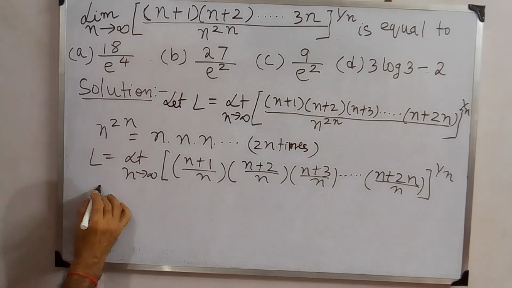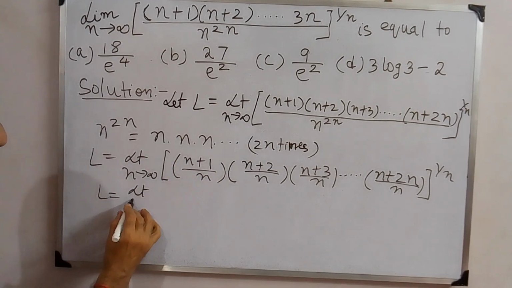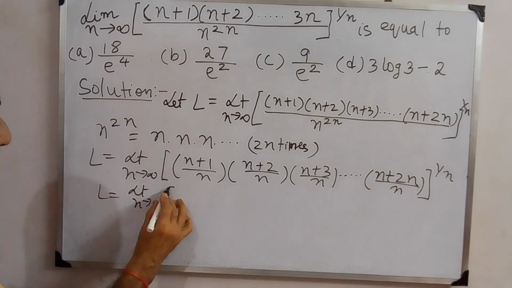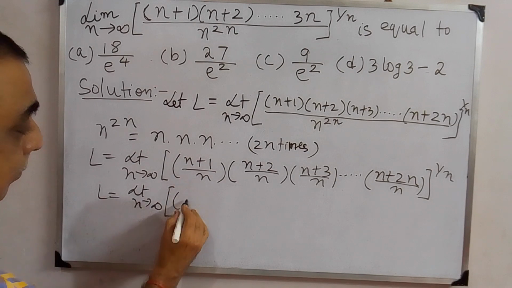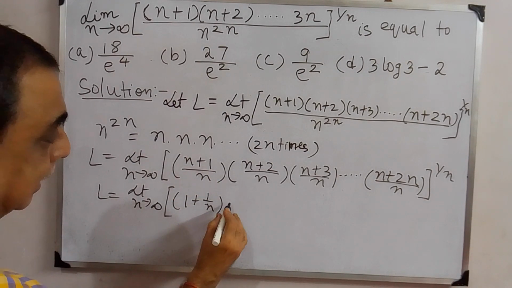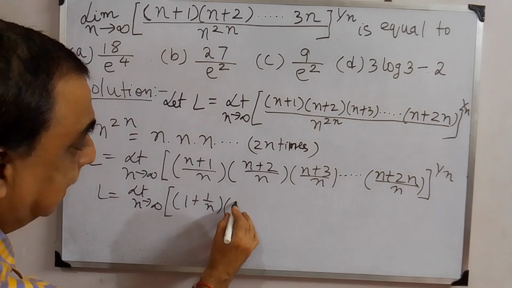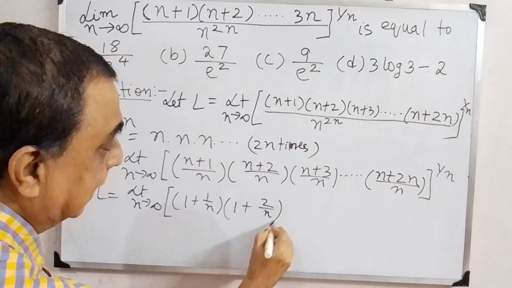Now you divide each term by n. So what are we getting? n divided by n becomes 1, and 1 divided by n is 1 by n. Here n divided by n is 1 and 2 divided by n is 2 by n.